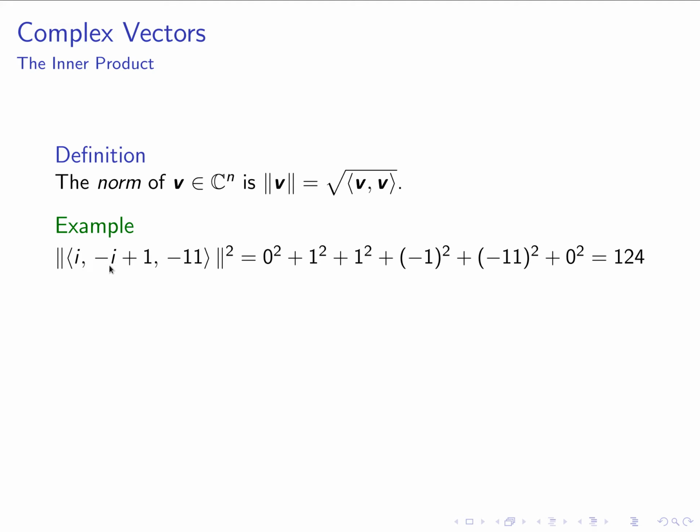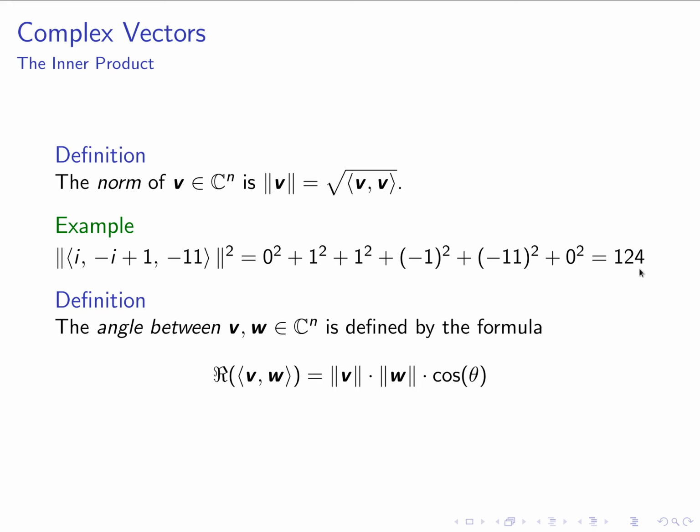For the next coordinate, we're looking at negative i plus 1, which has real part 1 and imaginary part negative 1. So the next part of our calculation is 1 squared plus negative 1 squared. In the third coordinate, we're looking at negative 11, which has real part negative 11 and imaginary part 0. So for the last part, we take negative 11 squared and add 0 squared. When we add all these squares together, we get the number 124.